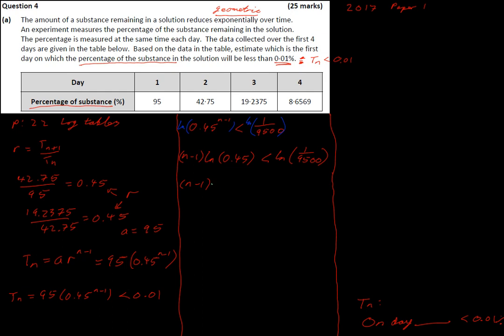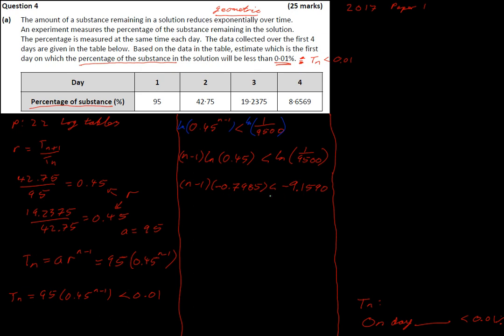And when I do that, I get minus 0.7985, and this turns into minus 9.1590.